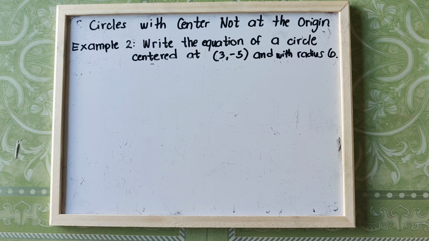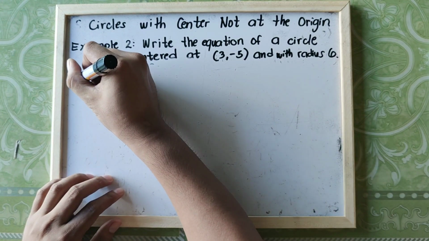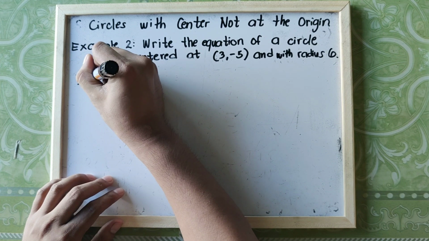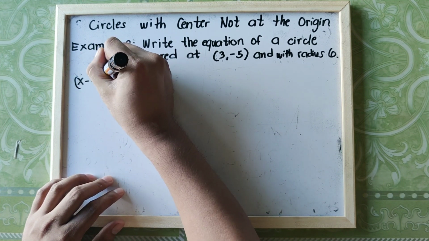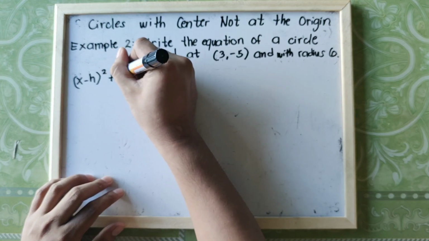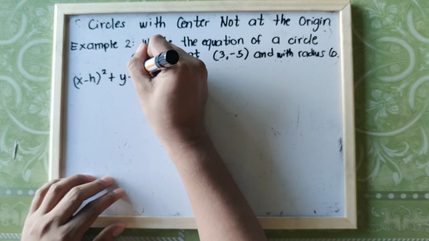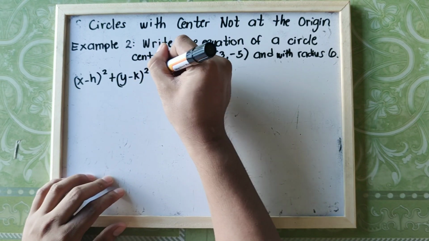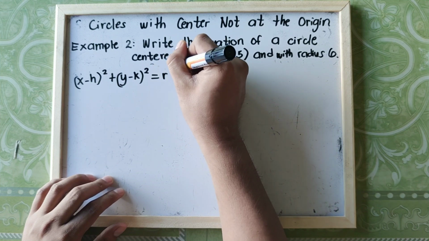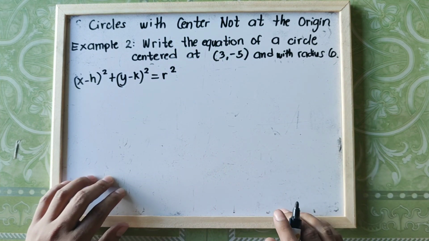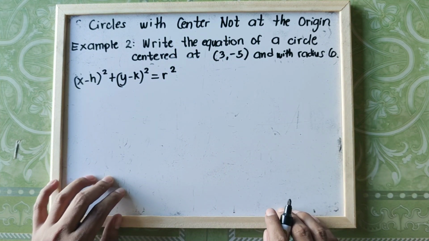Of course, we are going to use the standard form for the equation of a circle with center not at the origin. So we are going to use this formula, because the center of the circle is not located at the origin.